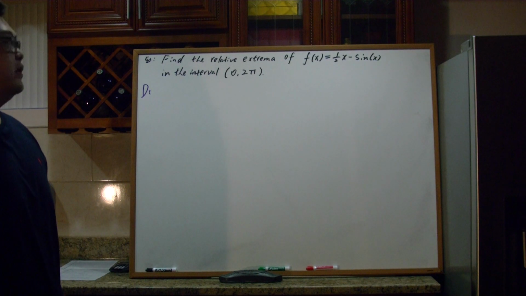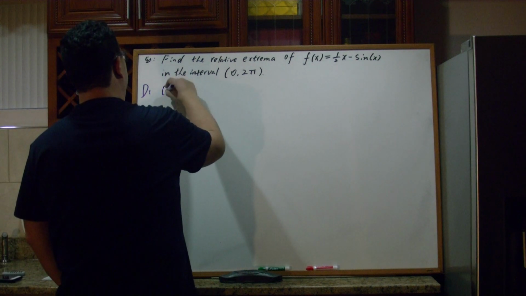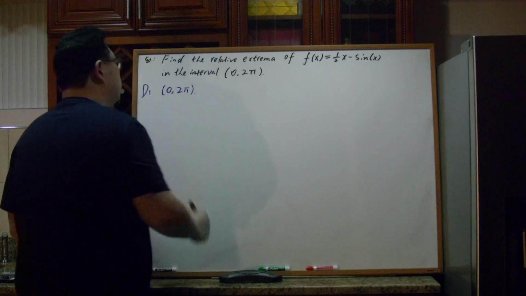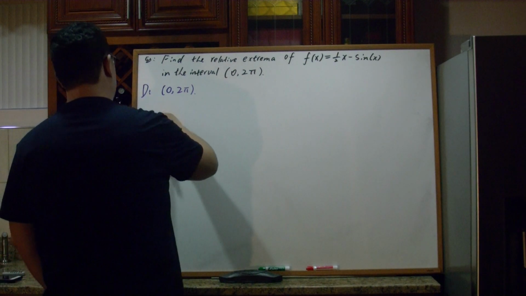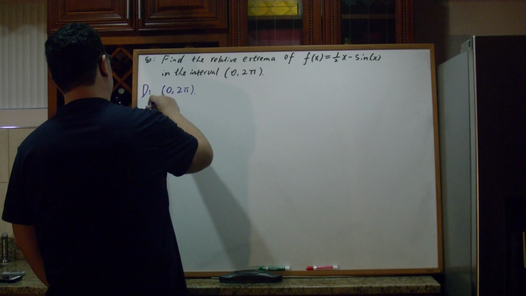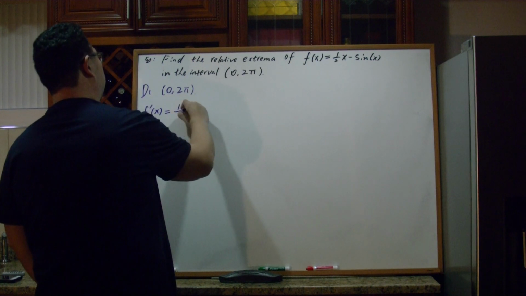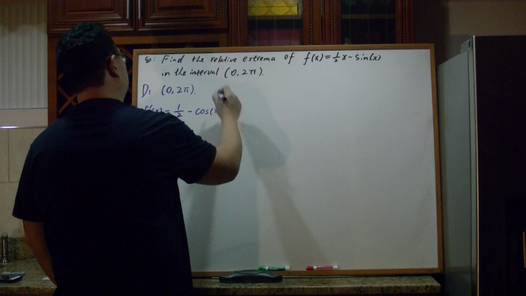The domain is just as given, from 0 to 2 pi. The next step is to find the derivative. f prime of x is 1/2 minus cosine of x.